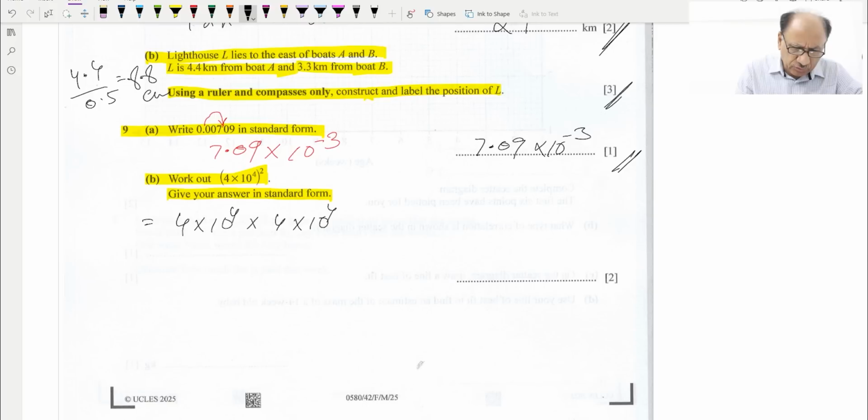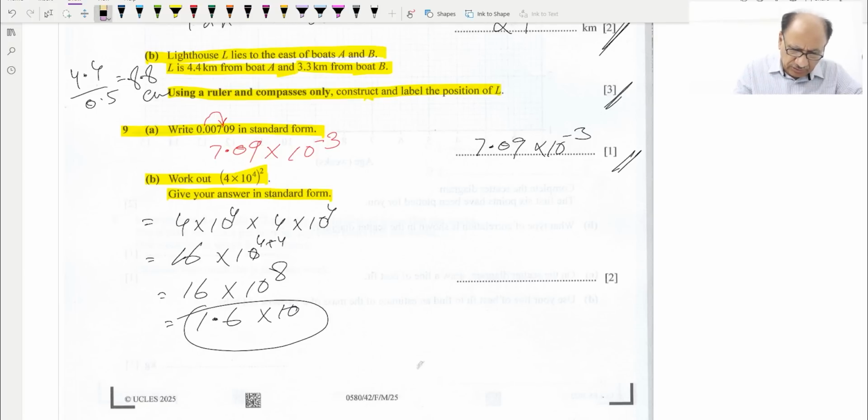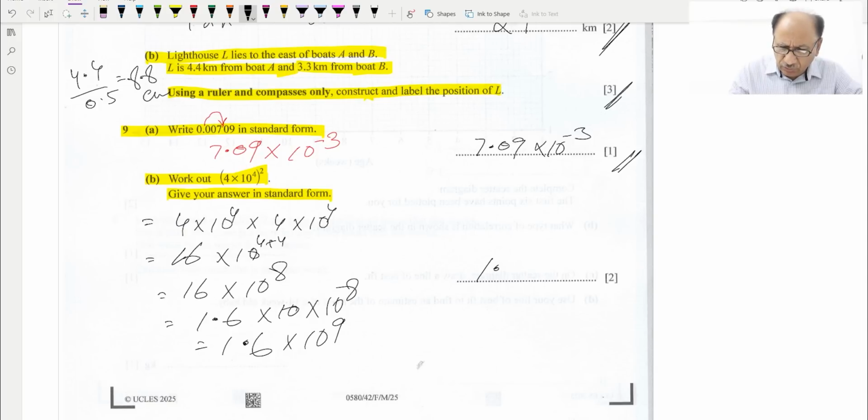And if we write the square in this double format, 4 into 4 will be 16 into 10 raised to the power 4 plus 4, so this will be 16 into 10 raised to power 8, and in standard form 16 can be written as 1.6 into 10, multiplied by 10 raised to power 8, and further we can write 1.6 into 10 raised to power 9, so 1.6 into 10 raised to the power 9 will be our final answer for 2 marks.